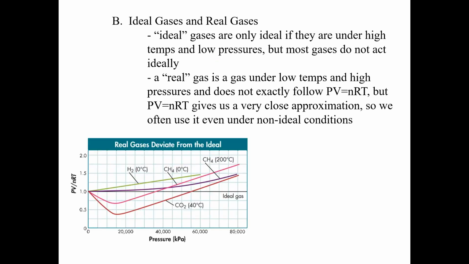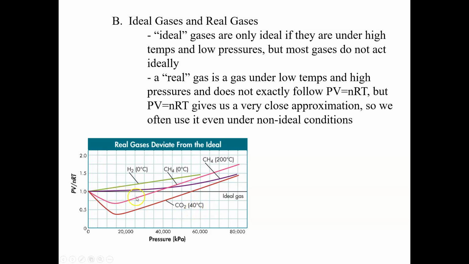Okay? In fact, you can see in this graph here that if we look at real gases and ideal gases, most gases don't act ideally unless they're really, really low pressures. And again, 101 kilopascals is a fairly low pressure.